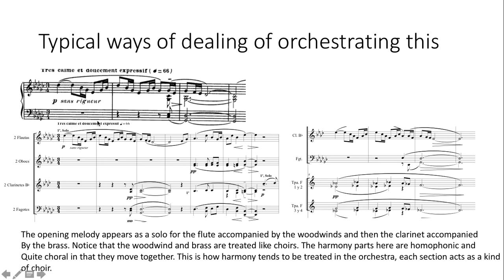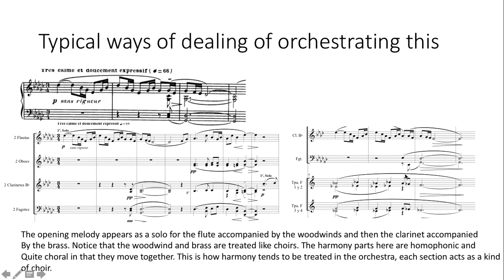And so here's the opening, and in this case the opening melody is treated as a kind of woodwind solo. We've got it here in the flutes, or in fact in the solo flute, against the rest of the woodwind ensemble that covers the harmonic material. And then that melody moves into the clarinets.